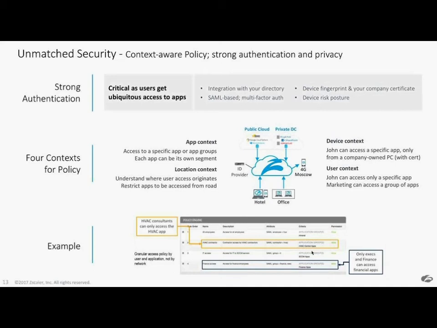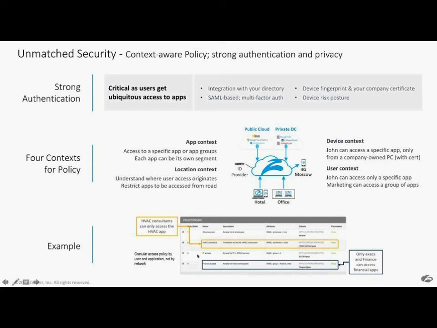Indeed, the only thing they need to access is this one application on HTTP, for example, or SSH. And therefore, they can get onto that, they can do their work, but they can't get to anything else. And we do this by understanding about the device posture. We understand the SAML attributes that identify them as a contractor, and we understand the applications that they need to access.